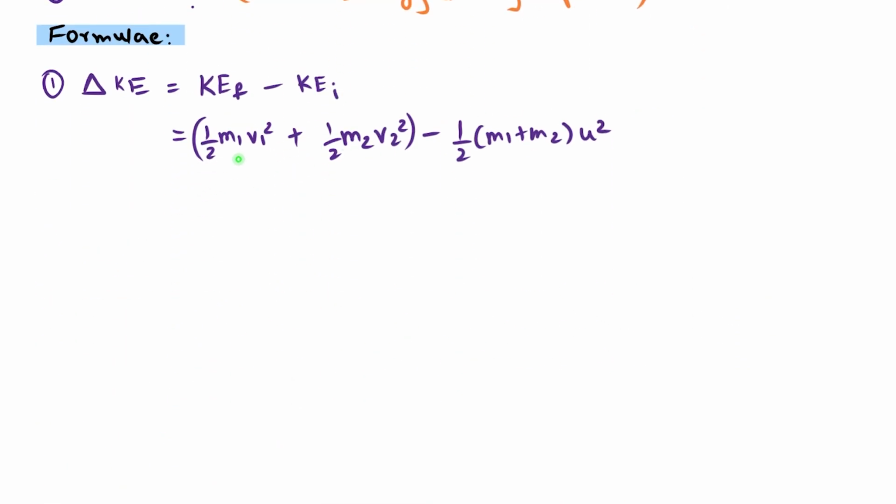So that's half m1 v1 square plus half m2 v2 square minus the initial kinetic energy of the entire ball, that is half of m1 plus m2 into u square.